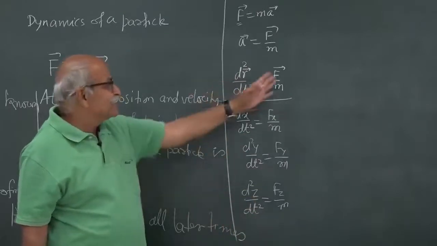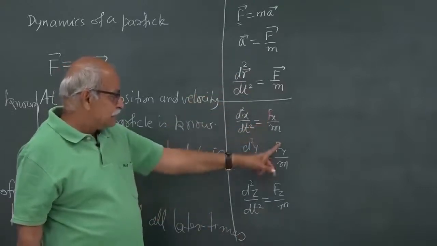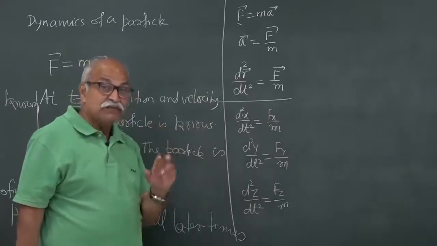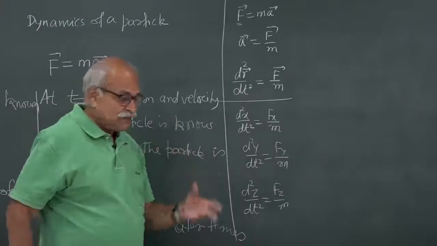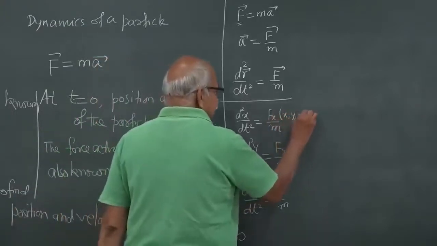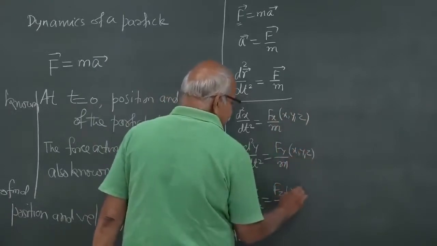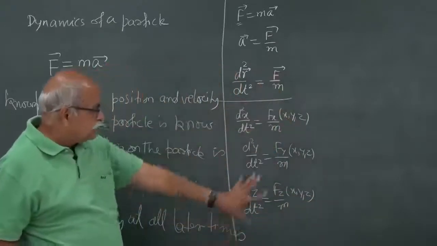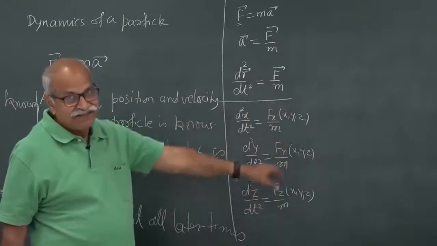So, this vector equation is a combination of three equations, and each of these Fx, Fy, Fz can be a function of space point or a function of time, or both. So, this may be some function of x y z, and can also be time, but we will first deal with the forces which depend on the position of the particle.